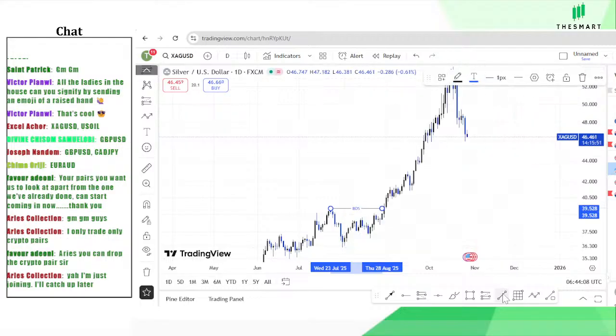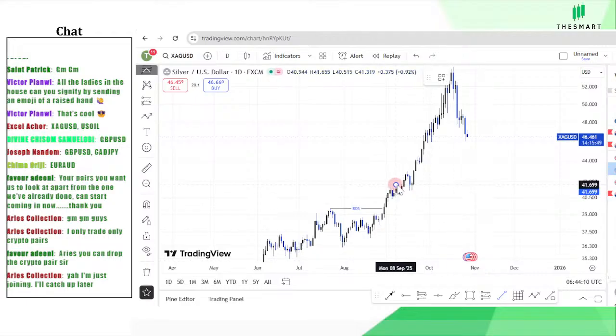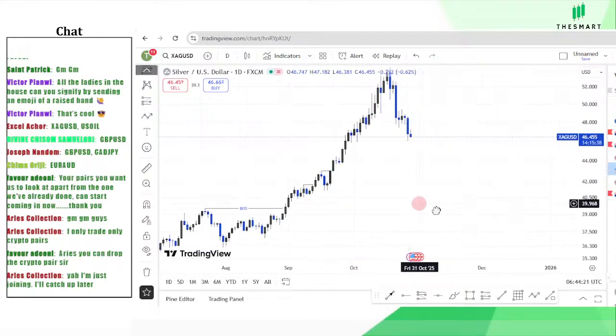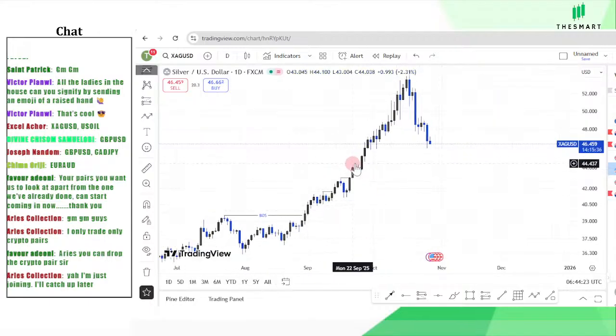This level, we have this break of structure to the upside again. We have this break of structure at that level, and we have these other tiny break of structures to the upside.